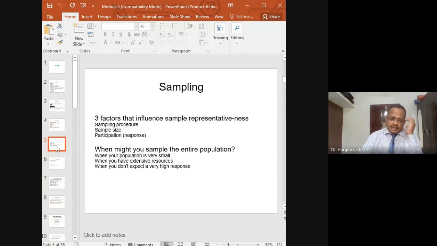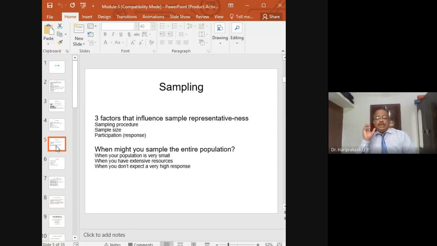There are three factors that influence the sample's representativeness. When you are taking a sample, there is something called representativeness of the sample. What does it mean? The sample should have all the characteristics of the population that you are doing the study for.